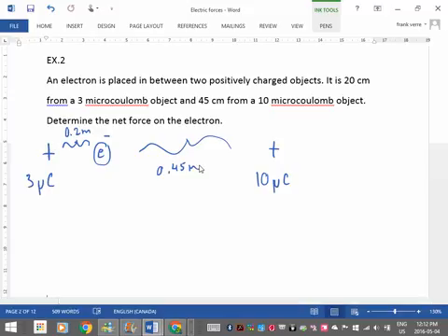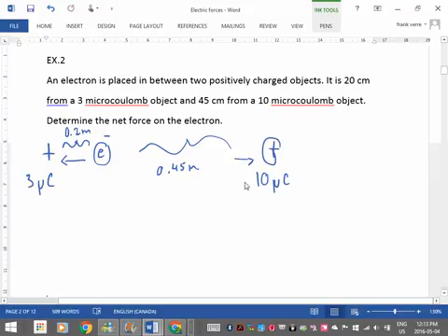Okay, so here's the thing. If you think from the point of view of the electron, there will be an attractive force which way? To the left, but also to the right. Because this object will attract the electron this way, but then this object will attract the electron this way.